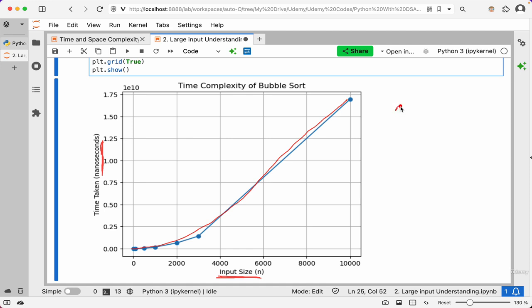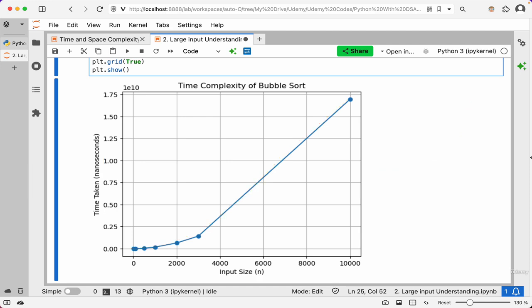And I feel that this graph is quite equivalent to the graph for n square. As the input size increases, the time taken is not increasing linearly; at least it is increasing in some squared manner, right?